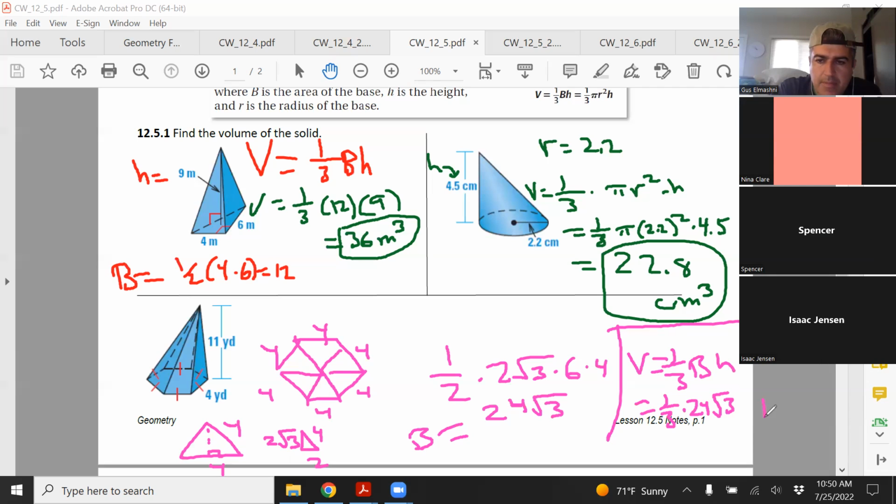Yeah, it's times 11, because it has to be a perpendicular segment from the vertex down to the base, even if it might be leaning. It should get 88√3. That's cubic yards. Hopefully that all makes sense.